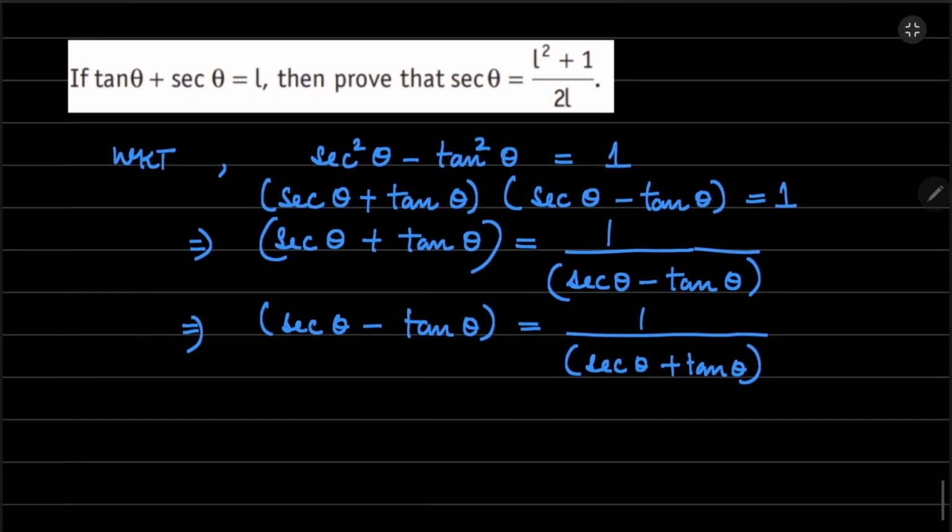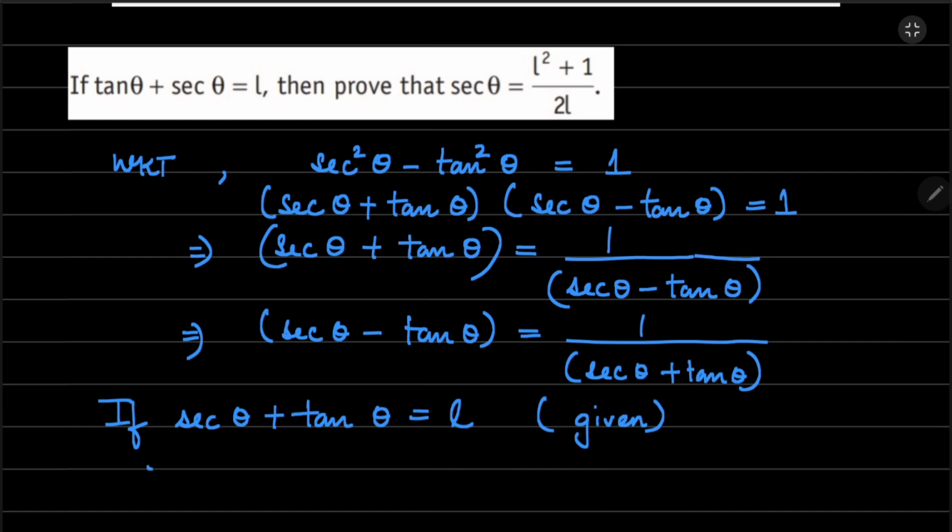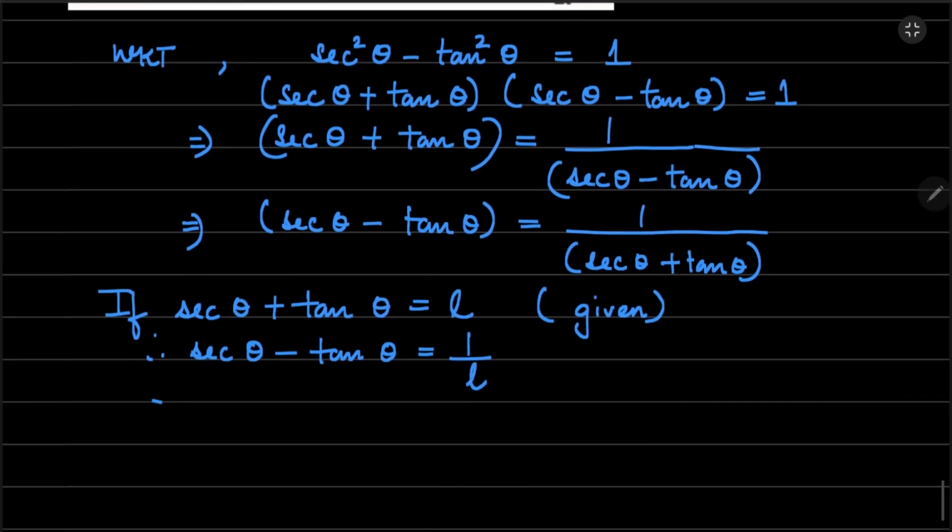So, let us write it directly. Whenever you are given this, you can directly write that. So if secant theta plus tan theta is equal to L, which is given for us in the question, therefore you can write secant theta minus tan theta is equal to 1 by L. By default.